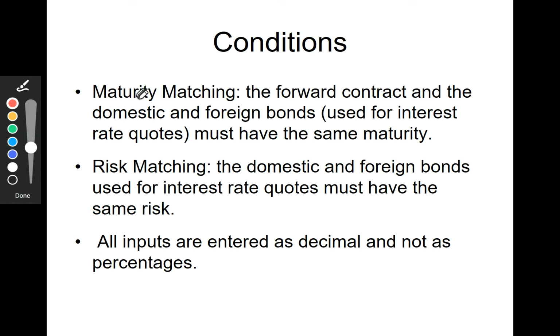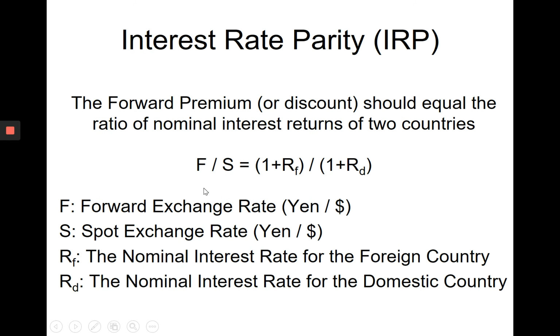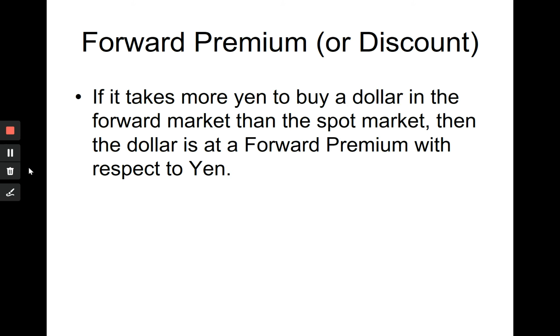Okay, maturity matching. That means the forward contract and the domestic and foreign bonds used for interest rate parity must have the same maturity. Here, I'm going back to our interest rate parity formula, and you see that we are using F as a forward contract here.